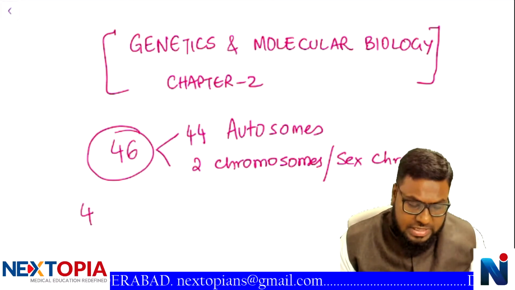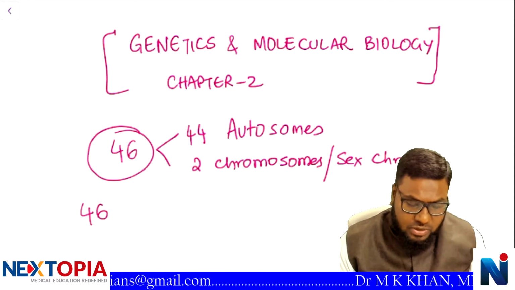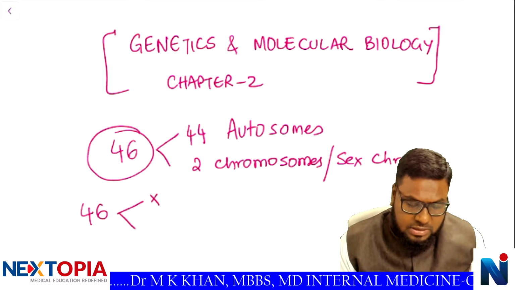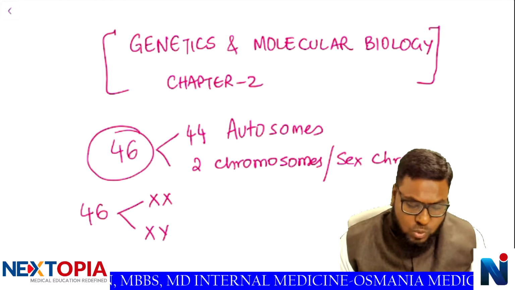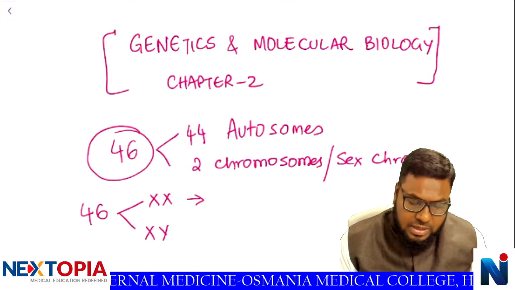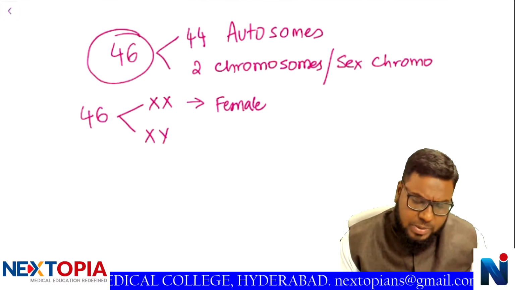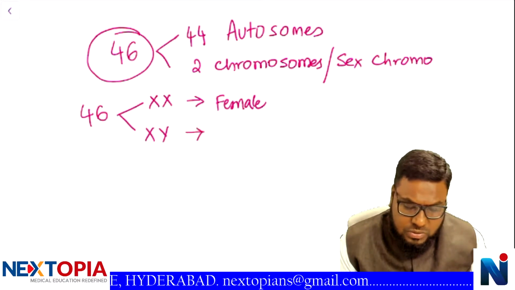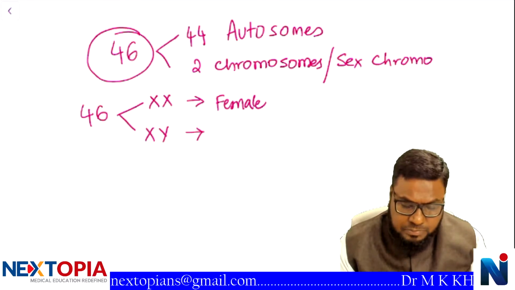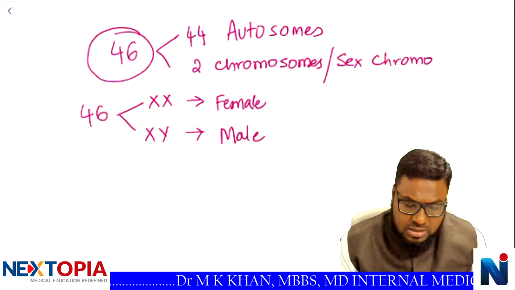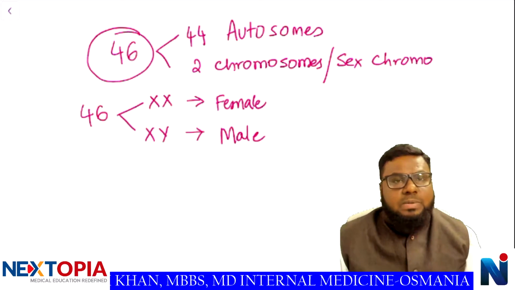So if it is 46, XX or XY, XX we call a female. This is all biology; you might have read it in your earlier schooling days or college days. And if it is XY, the zygote is a male zygote. All right, we will be discussing this.